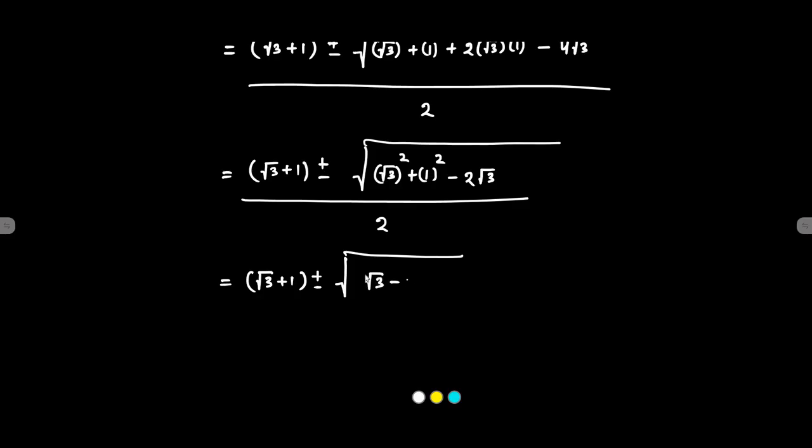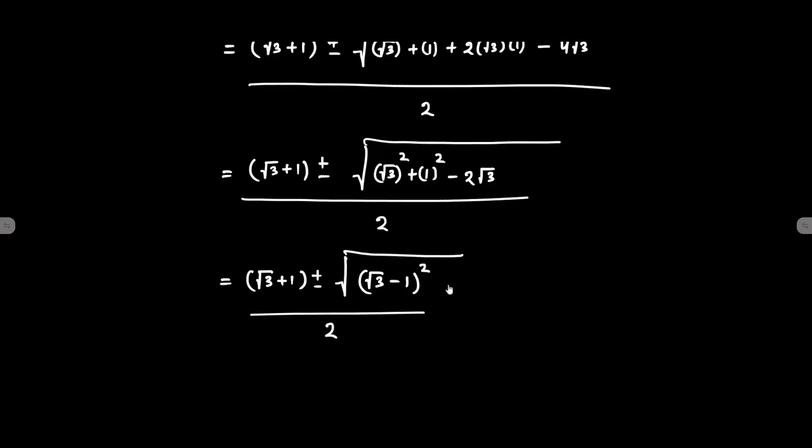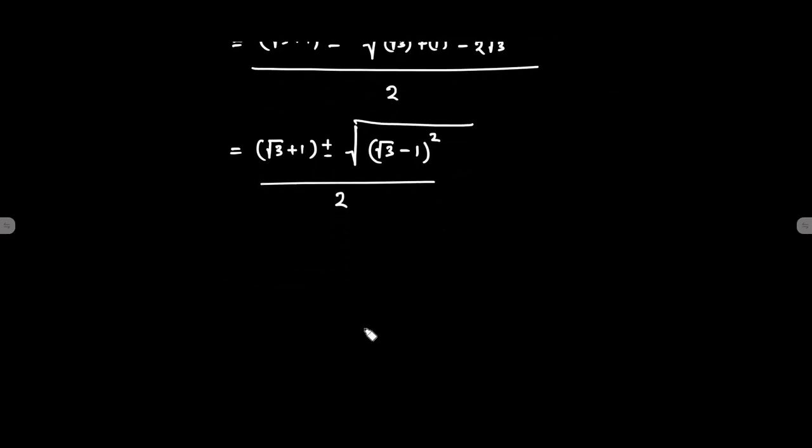So this is root 3 minus 1 whole square by 2. So this is equal to root 3 plus 1 plus minus root over of this square, it becomes simply root 3 minus 1 by 2.